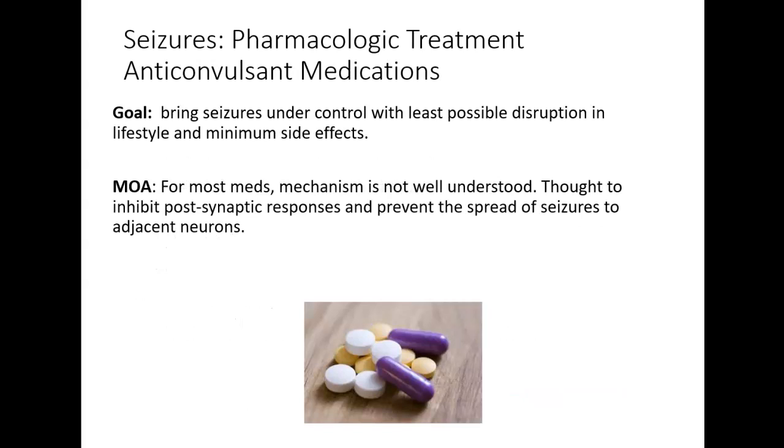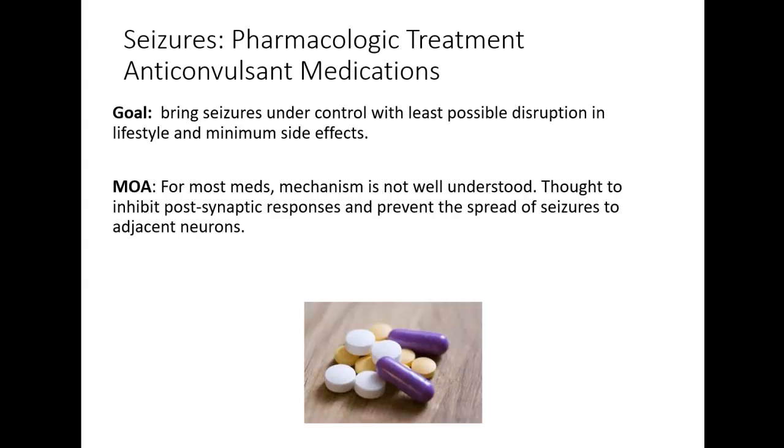Also, then, the big question is, how do we prevent seizures long term? So patients usually go on some kind of an anticonvulsant medication, and the goal is to bring seizures under control with the least possible disruption in lifestyle and minimum side effects. Lots of these drugs have a lot of side effects. But if you think about the impact of a seizure disorder on someone's life, if you have seizures and you're not able to control them with medications, it has a significant impact on a person's life.